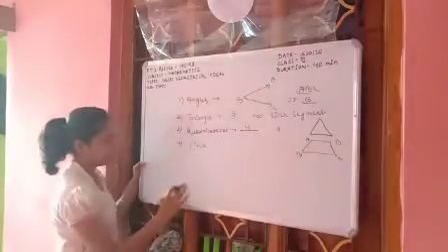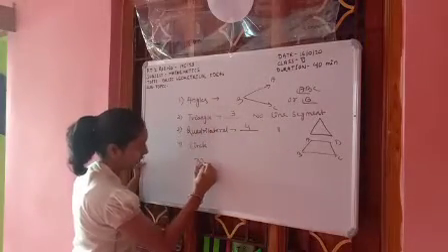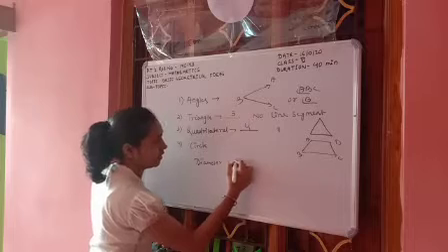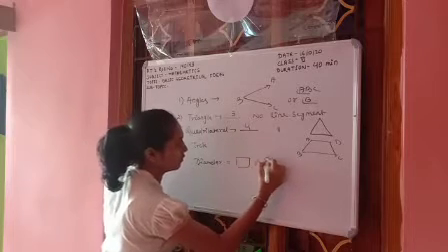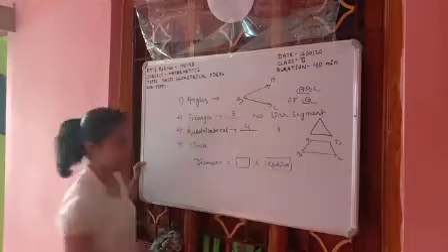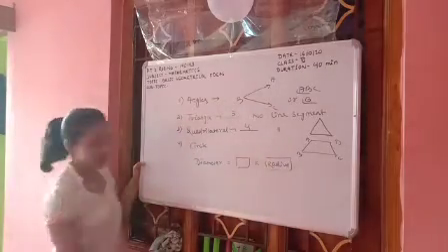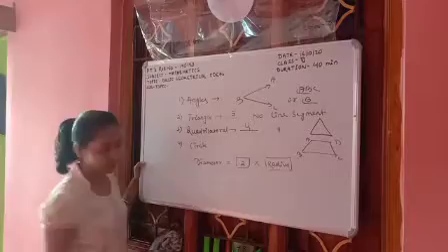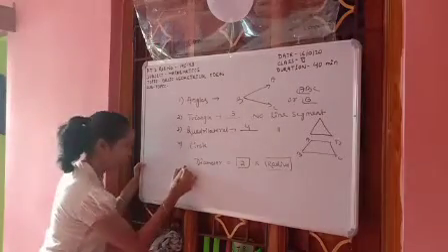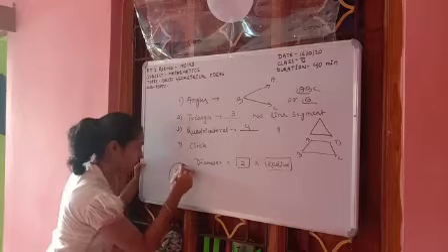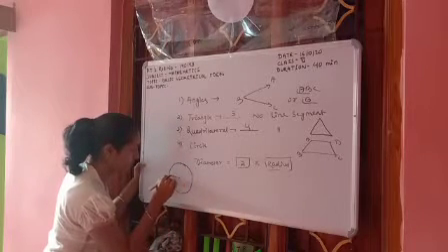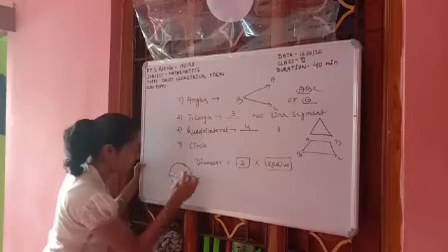Diameter is 2 into radius, that means twice the radius. Then in this circle, here is the center.